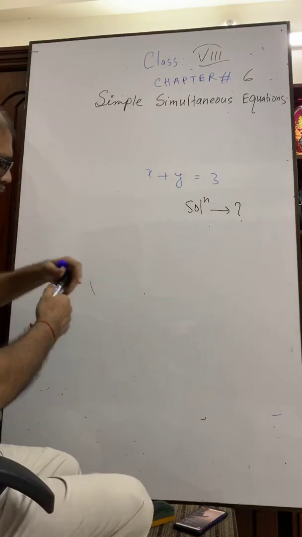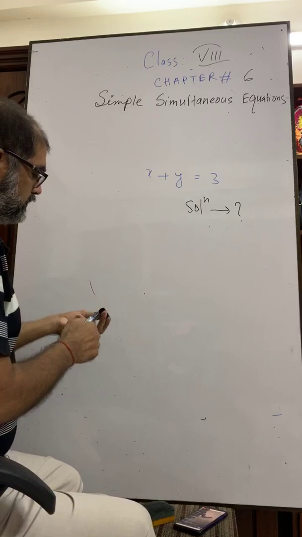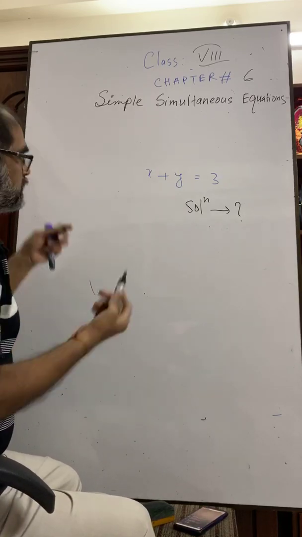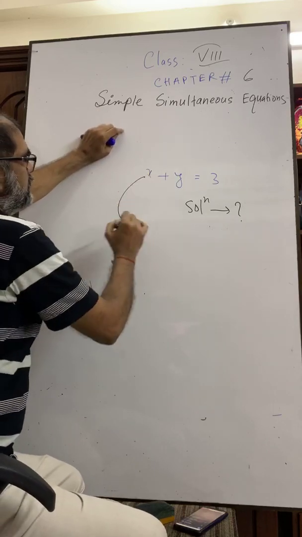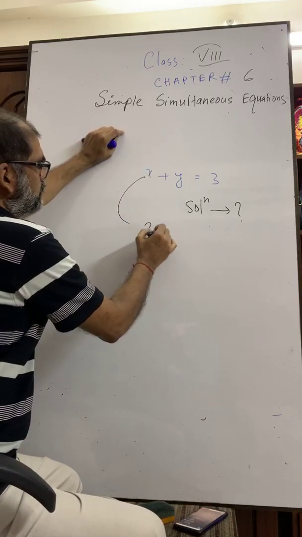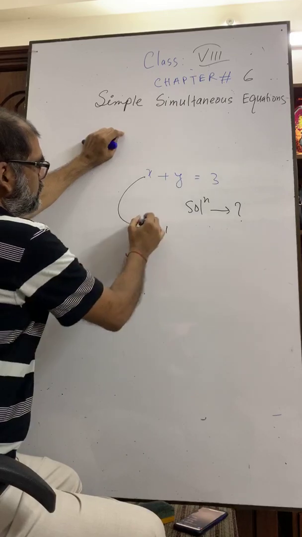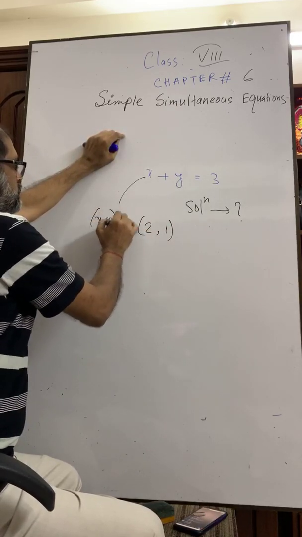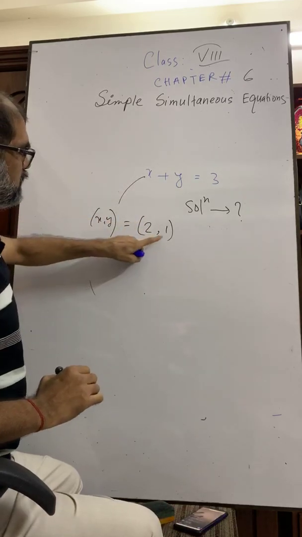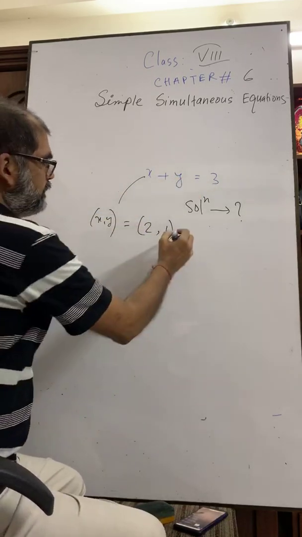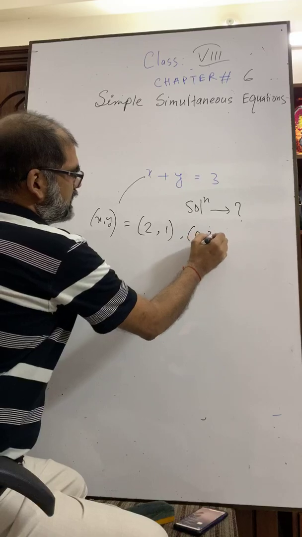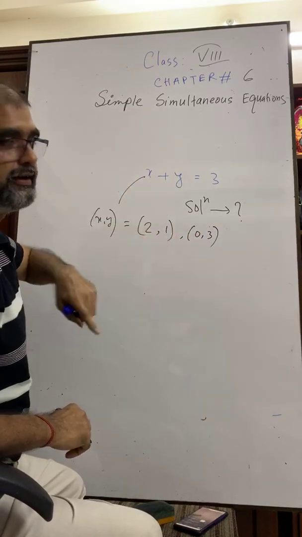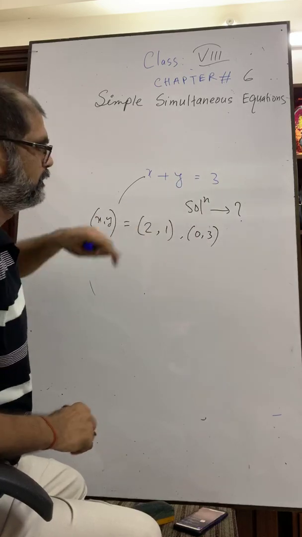Okay, very good. Suppose one told x equals 2, y equals 1. 2 plus 1 equals 3. Or 0, 3: value of x equals 0, value of y equals 3, 0 plus 3 equals 3.